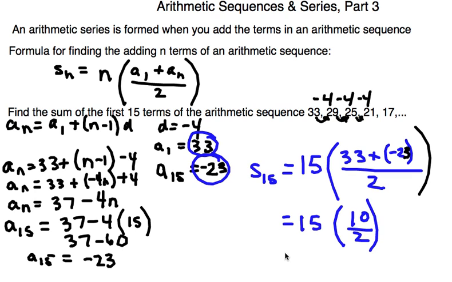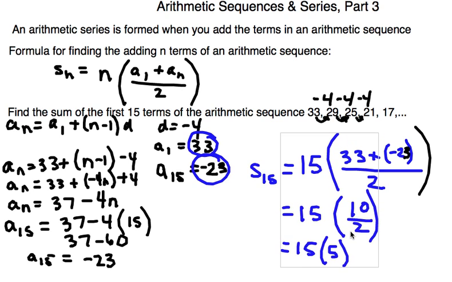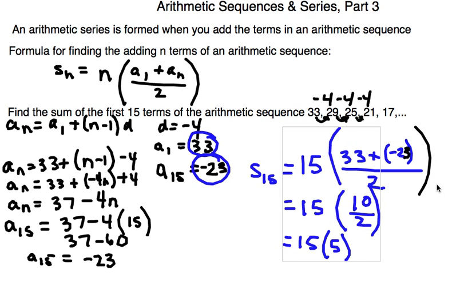Okay, and then we're going to get 15 times 5. And I'm running out of room. I'm going to just make a small adjustment here if I can. Okay, and if we multiply 15 and 5, we will get 75.